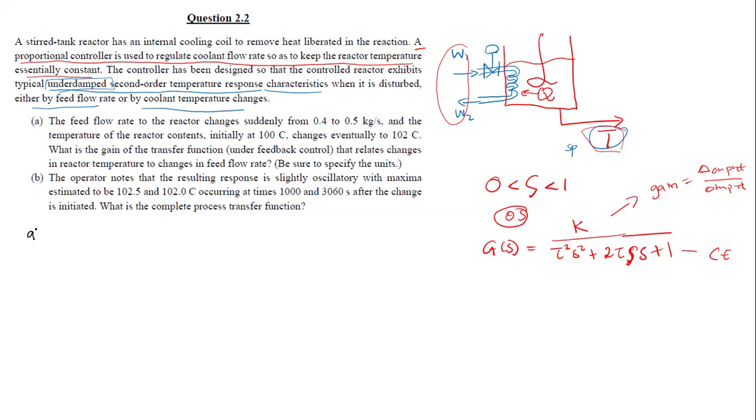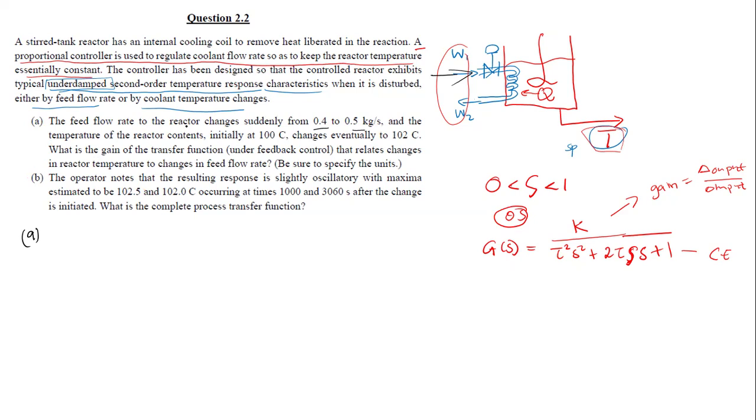To answer question number 8, it says the feed flow rate to the reactor changes suddenly from 0.4 to 0.5 kg per second.